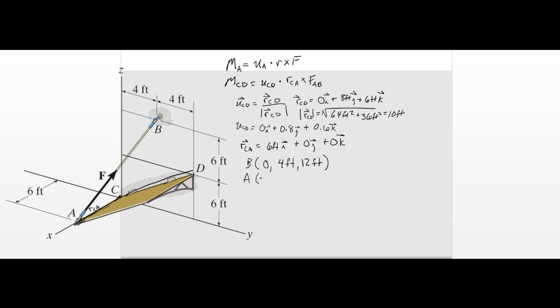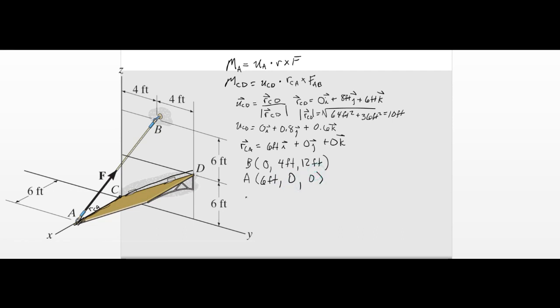And again, the coordinates of A here, right? We don't have anything in the y and z direction, so we just have 6 feet in the x direction, and then 0 and 0.